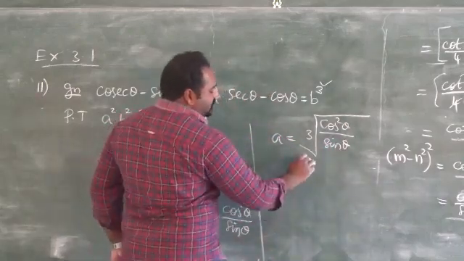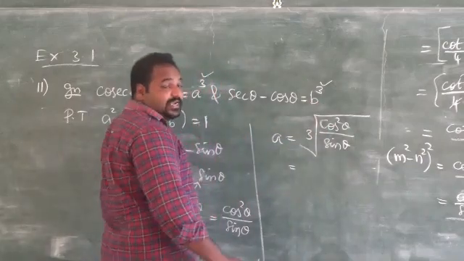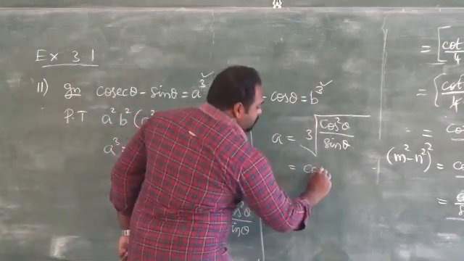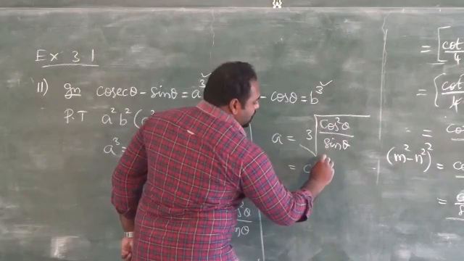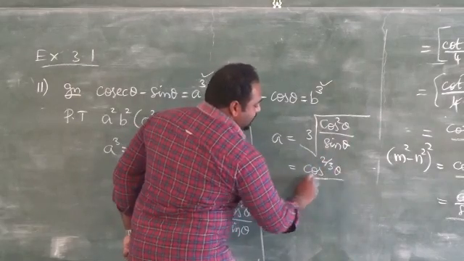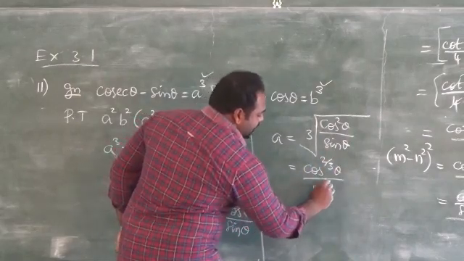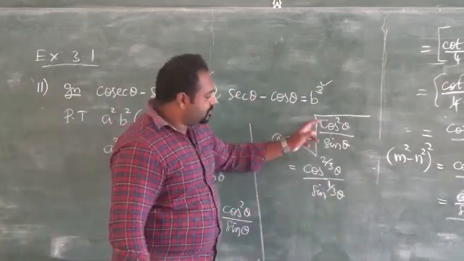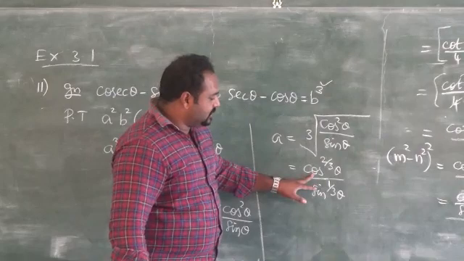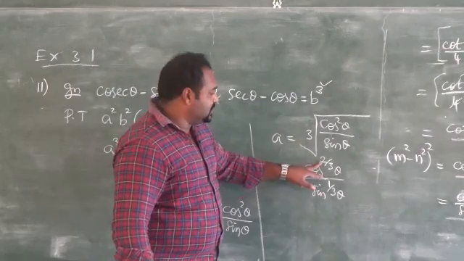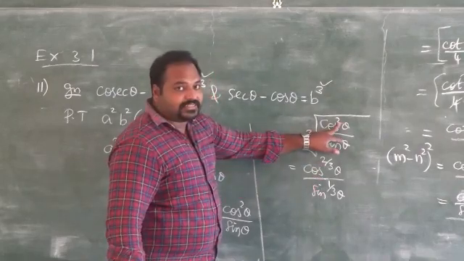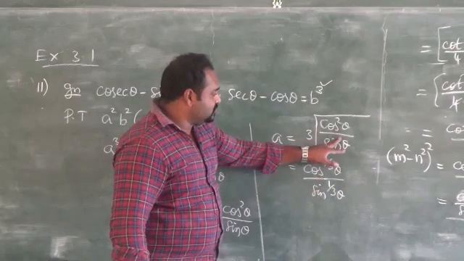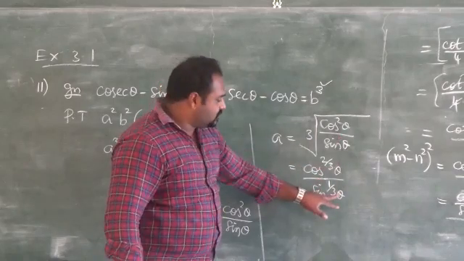I don't want this radical sign, so instead of the cube root symbol I can write cos power 2 by 3 theta by sin power 1 by 3 theta. Both are the same. Because the power 2 is already there, it is 2 by 3. Here there is no power, so 1 by 3. So this is the cube root.